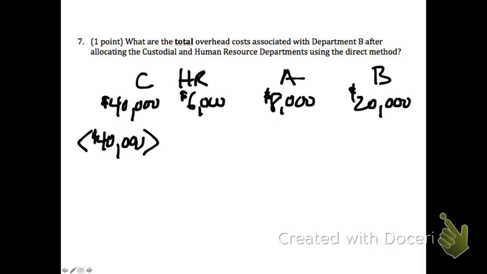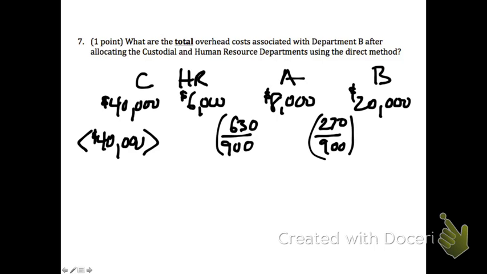So we just need to look at the number of machine hours for the departments that we're allocating this cost to. Department A has 630 machine hours, and Department B has 270 machine hours, for a total of 900. Those are the ratios that we will use to allocate the 40,000.